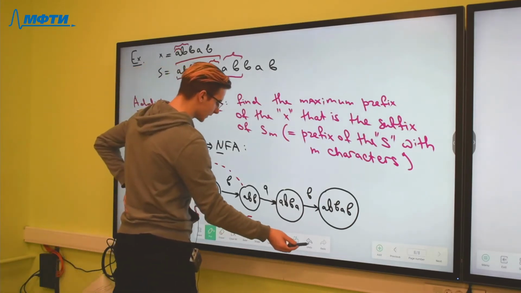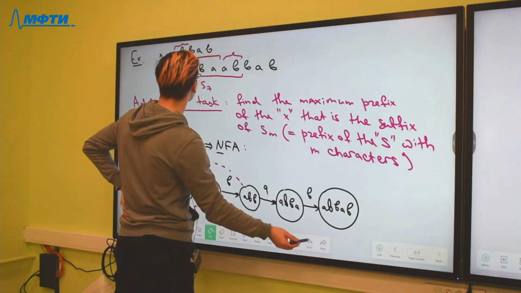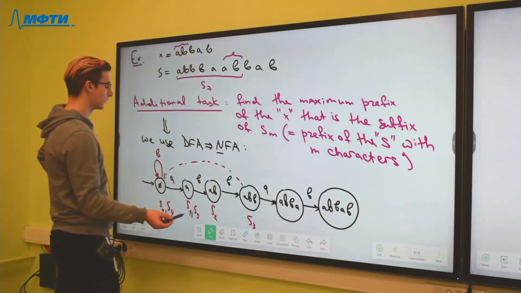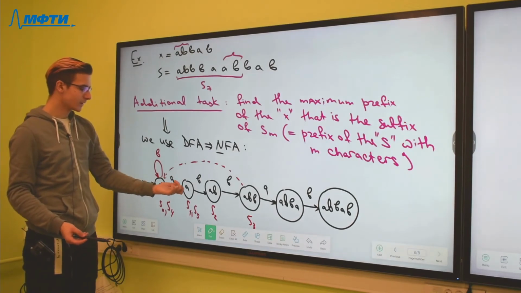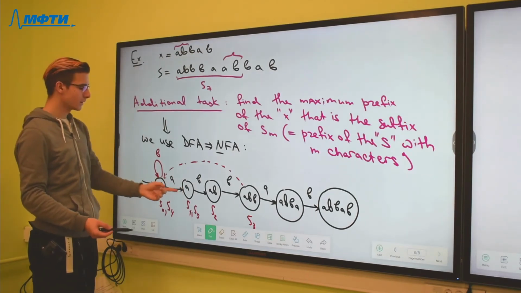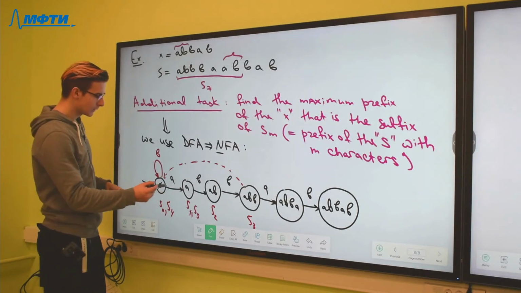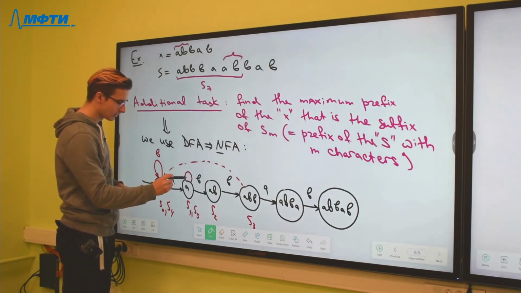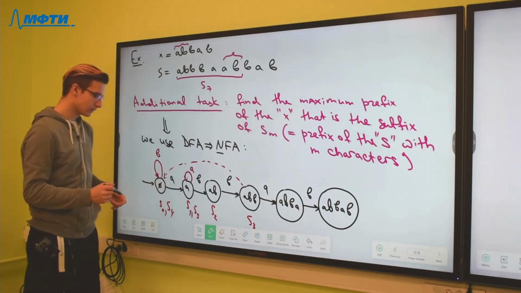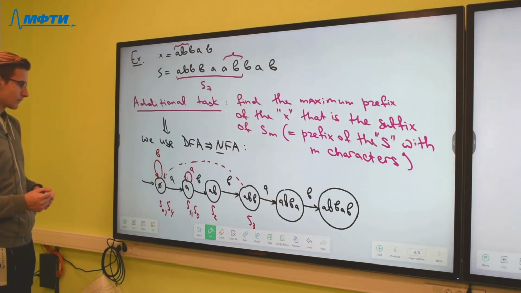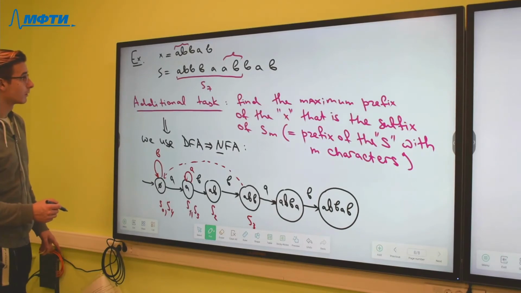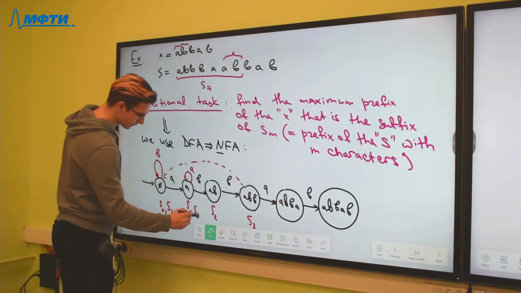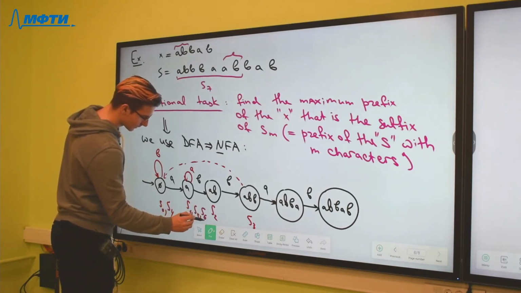So I see that the maximum suffix of this word that is the prefix of the word x is A. So I make a loop here. So s with index 6 here too.